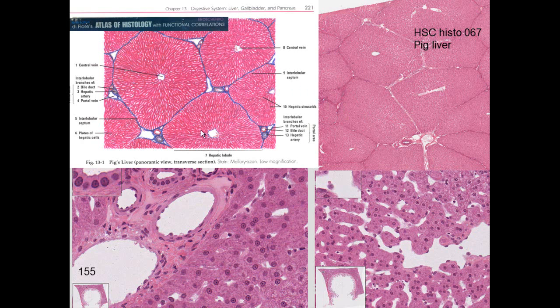You have a hepatic artery, which brings in oxygenated blood into the sinuses, and then you have the bile duct. So three basic things make the triad, and we can see those here in this piece of liver from a pig, and you can see the classical lobule here with connective tissue around it. Blood vessels from these different locations, the triads all around, would ultimately drain into the central vein.